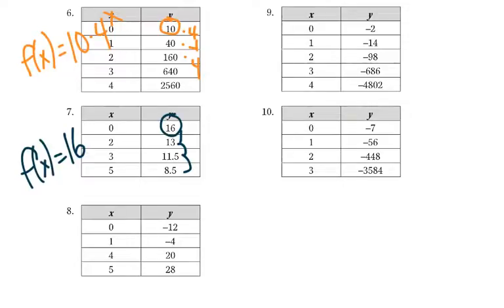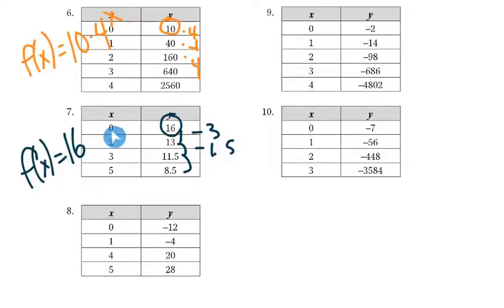Then let's go 11.5 divided by 13, 8.5 divided by 11.5. That's not giving me the same number here. So we'd be subtracting by 3, then subtracting by 1.5. Oh, duh.